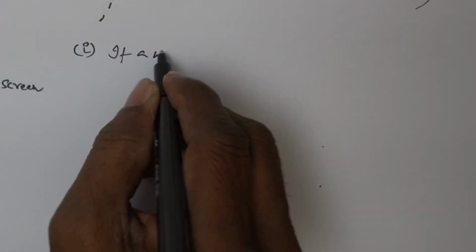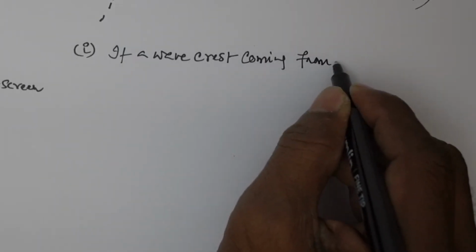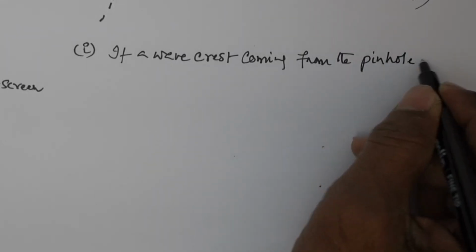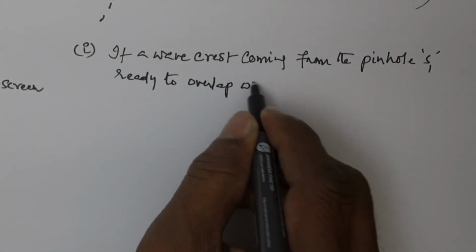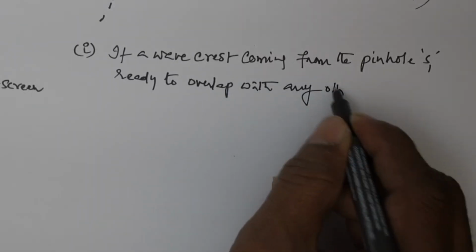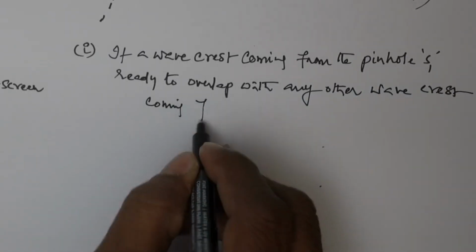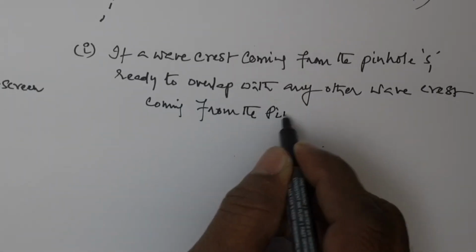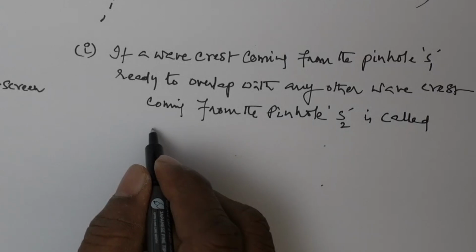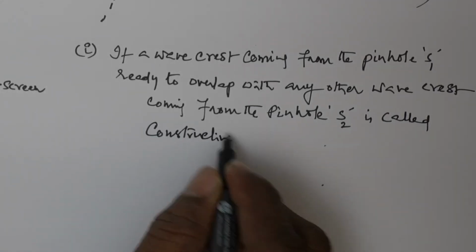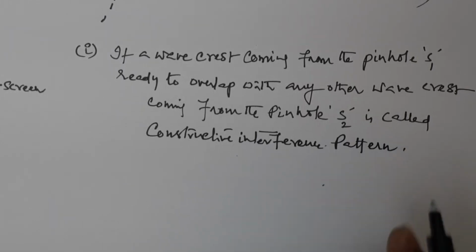If a wave crest coming from the pinhole S1 is ready to overlap with any other wave crest coming from the pinhole S2, it is called constructive interference pattern. This is the first possibility of getting constructive interference.